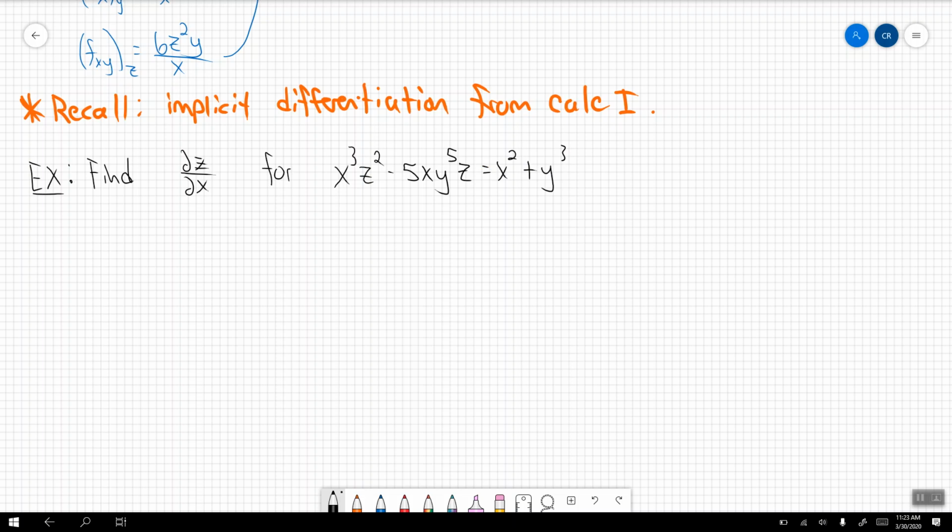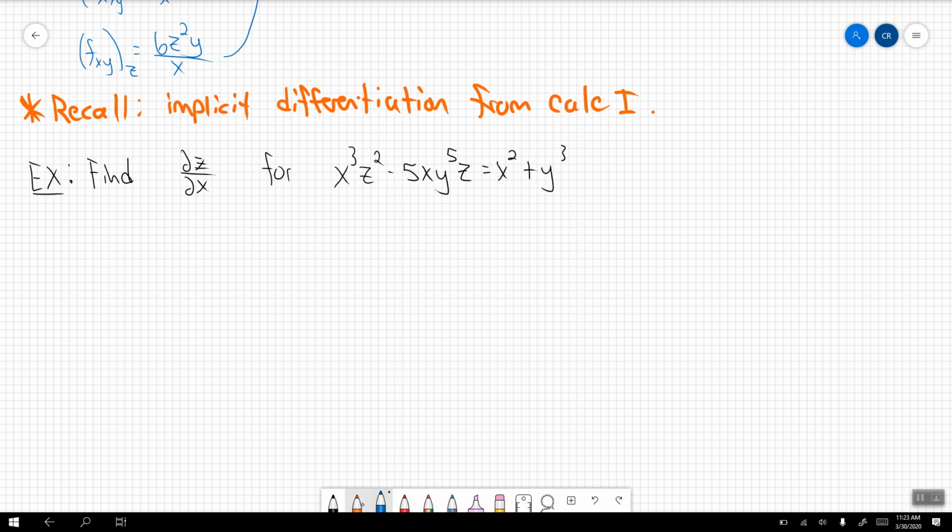Notice in this function we cannot solve for z directly, and because we cannot solve for z directly, it's going to create a whole big mess to try to find the partial derivative of z with respect to x. But we can do it. We can use implicit differentiation to go through and find that derivative implicitly.